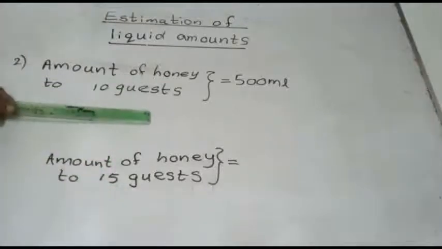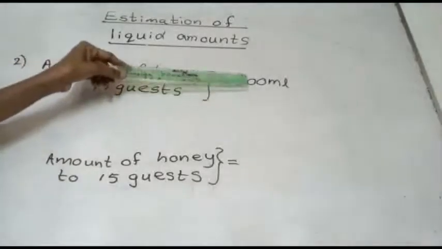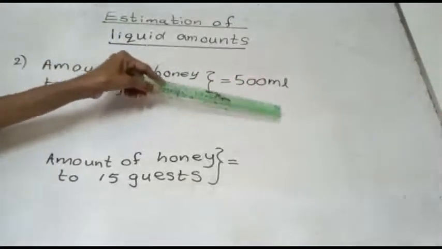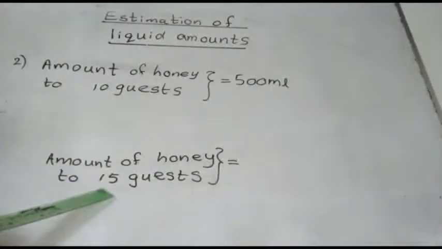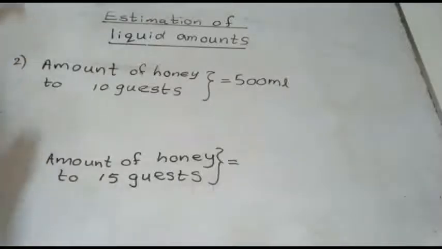Amount of Kitul honey to 5 guests is equal to 500 divided by 2, which is 250. Amount of Kitul honey to 15 guests is equal to 3 multiplied by 250, which is 750 milliliters. Or we can use this method.